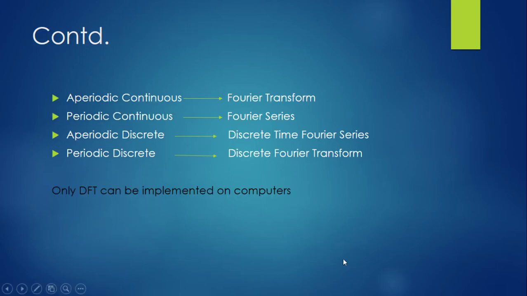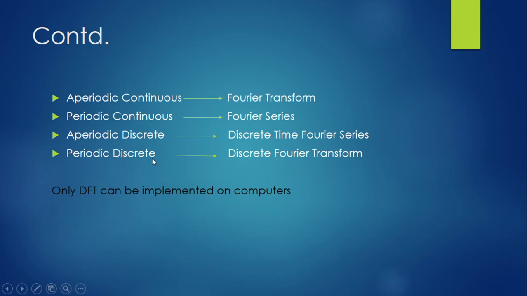Now, what are the names of these Fourier analysis? If you have a continuous and aperiodic signal, this is known as the Fourier transform. If the signal is continuous and periodic, then this is called Fourier series. Similarly, if the signal is discrete and aperiodic, this is known as the discrete time Fourier series.